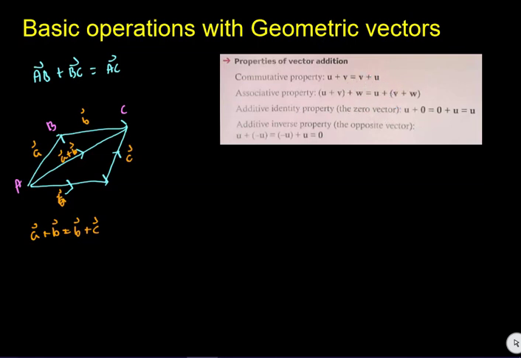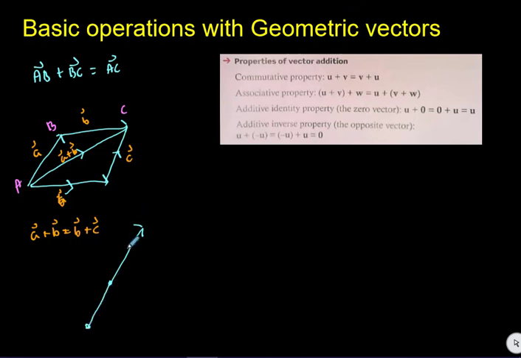The next thing I want to talk about is the zero vector, the additive identity property. To quickly see what that looks like, imagine we have a vector like this, and its opposite: the same magnitude but going in the complete opposite direction right here.